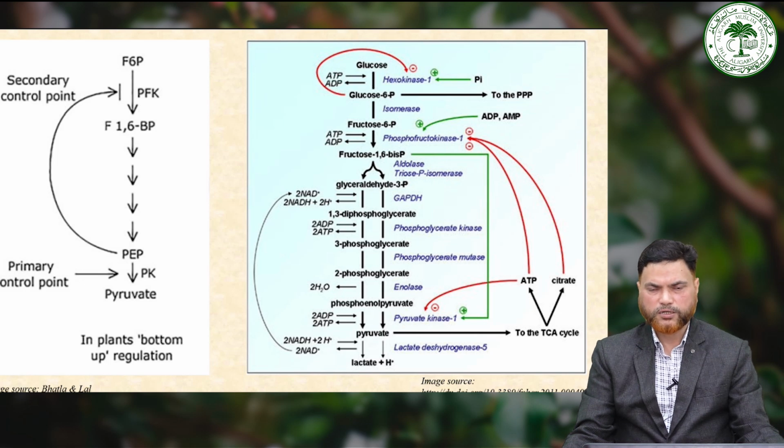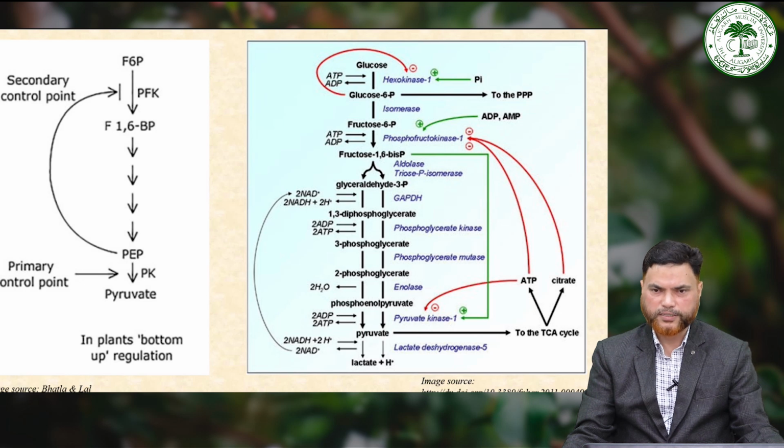In addition to this, phosphofructokinase is sensitive to another key metabolic signal, citrate, which is an intermediate of the citric acid cycle. The inhibition of phosphofructokinase by citrate further underscores the ability of the cell to modulate glycolysis in response to the overall energy status.